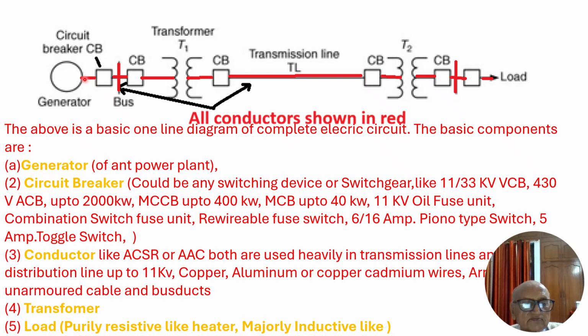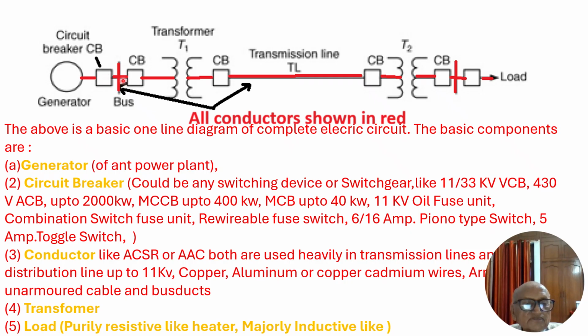These conductors may be ACSR or all aluminum type of conductor, and these conductors are taken further into electrical installation through a circuit breaker, of which we'll understand what is the role.